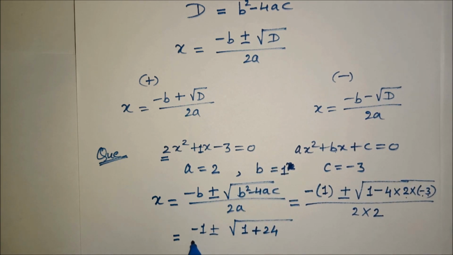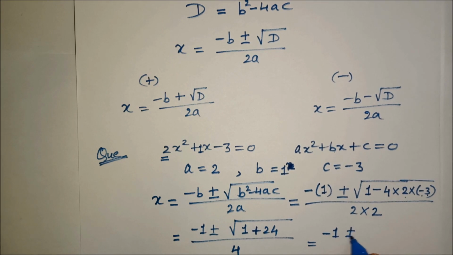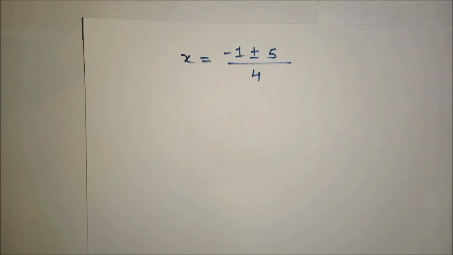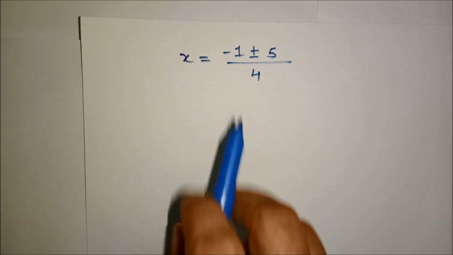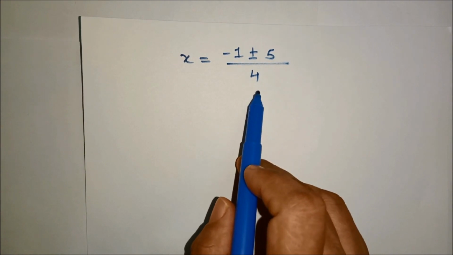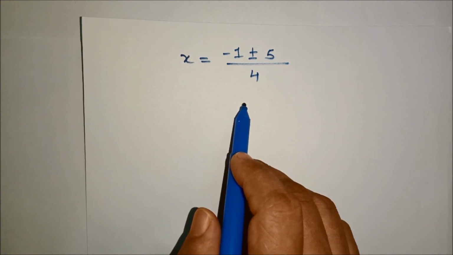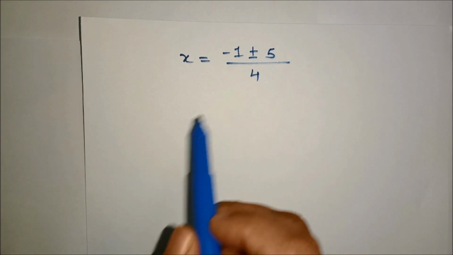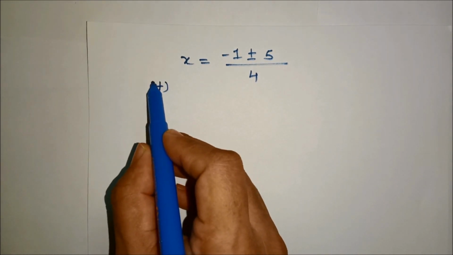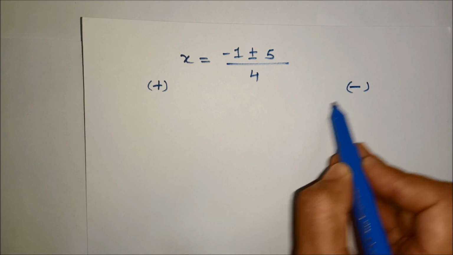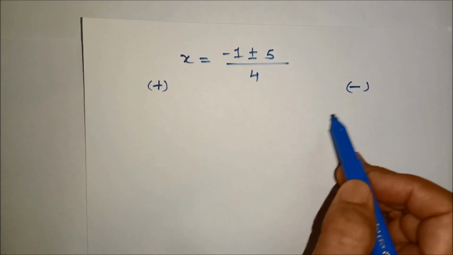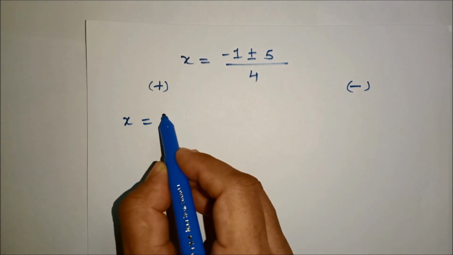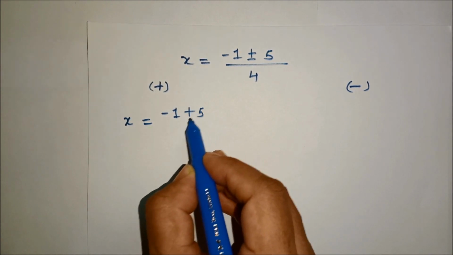Plus 24 upon 2a, 2 into 2 is 4. So -1 ± √25 upon 4. x = (-1 ± 5) / 4 because √25 is 5. Now we will simplify for the value of x by taking the plus sign and minus sign separately.